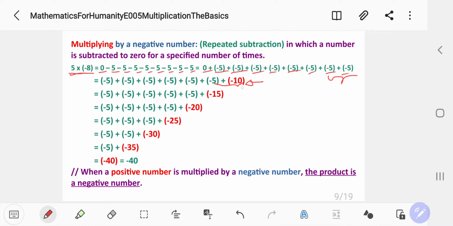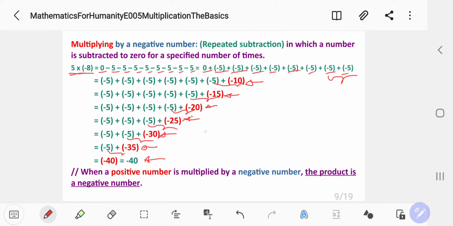So you can write this as, in the previous lecture, you know that we can write this as 0 plus negative 5 plus negative 5 plus negative 5 plus negative 5 plus negative 5 plus negative 5 plus negative 5 plus negative 5. And then negative 5 plus negative 5 is equal to negative 10. And then negative 5 plus negative 10 will just be negative 15, then negative 20, then negative 25, then negative 30, then negative 35, and then negative 40.